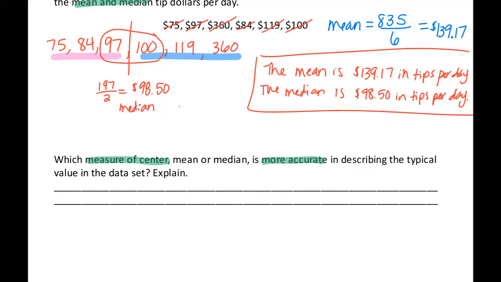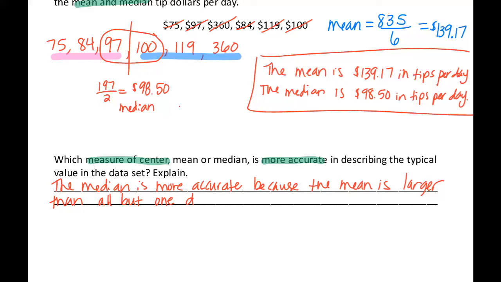Okay, so in this case, we would say the median is more accurate because the mean is larger than all but one data value.